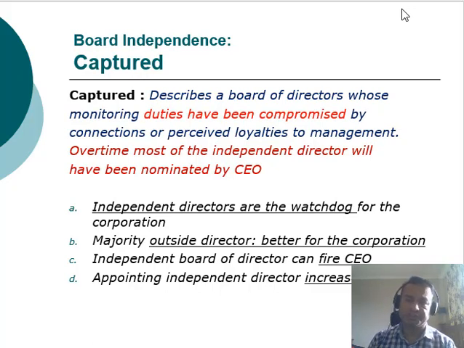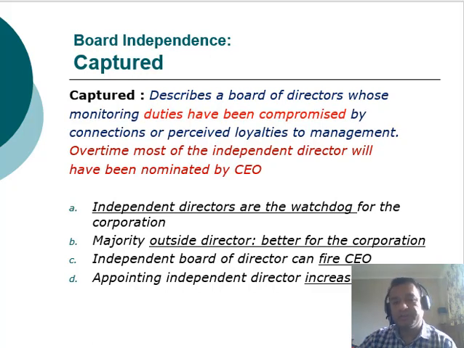Now there is extensive research that shows that when a company has a large number of outside directors, the profitability of the company goes up. See, an independent board of directors can fire CEOs. As we know, the independent board of directors are not relying on or connected with the firm's CEO.